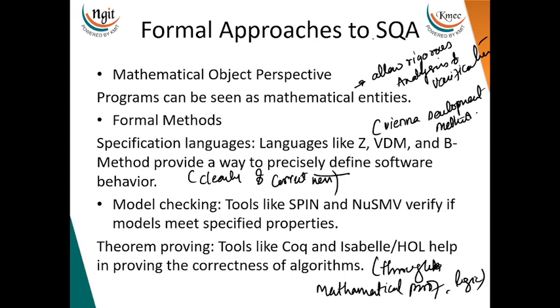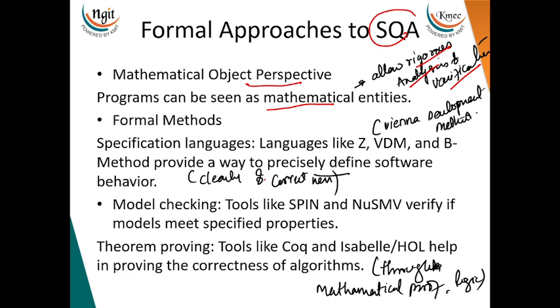Formal approach to software quality assurance. First point, the mathematical object perspective. A program can be seen as a mathematical entity. If it follows a mathematical process, it has to be rigorously analyzed and verified.